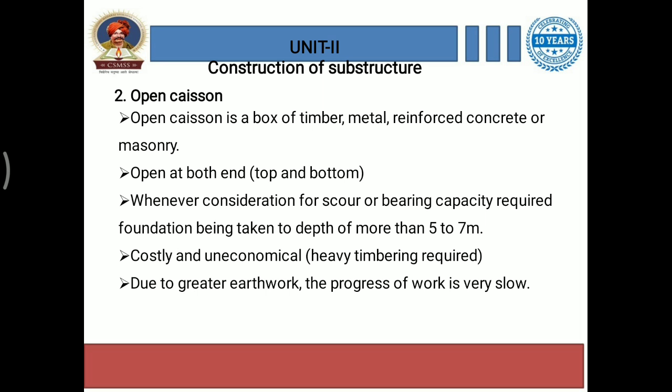Then, due to greater earthwork, the progress of work is very slow, because we know that if we require greater earthwork, obviously it will take more time, and that's why the overall time of construction of these types of caisson is more, and we can say the progress of work is very slow.